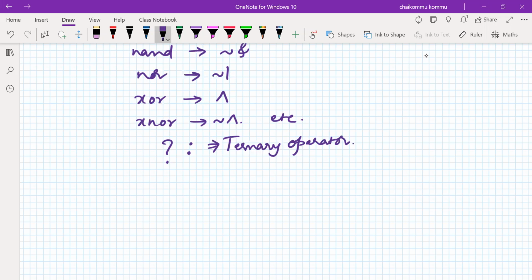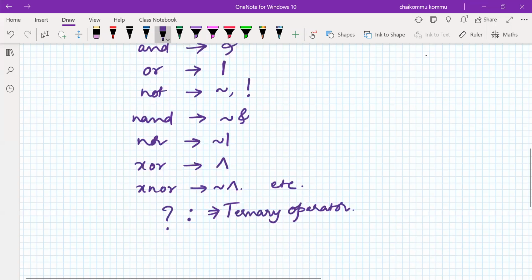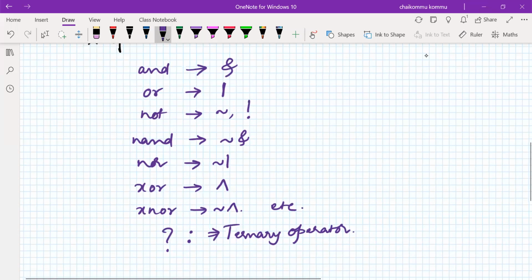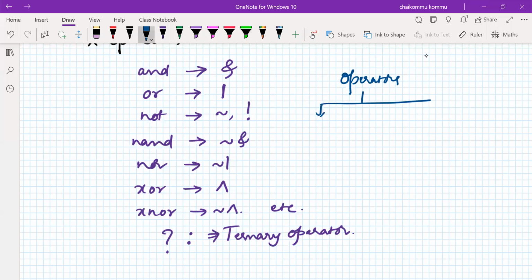Normally operators are classified into three types. One is unary, the second one is binary, the third one is ternary.